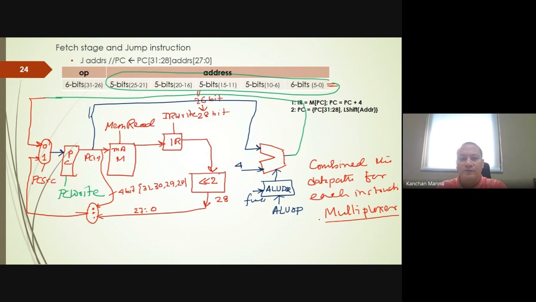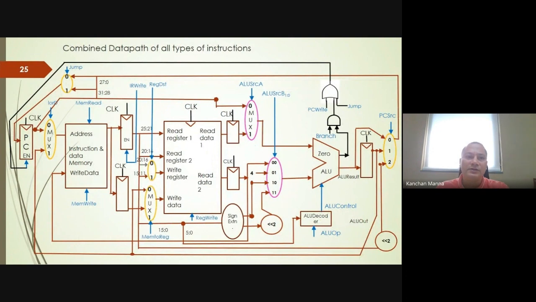Okay, so for example, you can see here this data path is for only 6 to 7 instructions, that we have discussed. Now you can see here, this is a multiplexer. This is also one multiplexer, and this is one multiplexer. We have this multiplexer and this multiplexer and this.